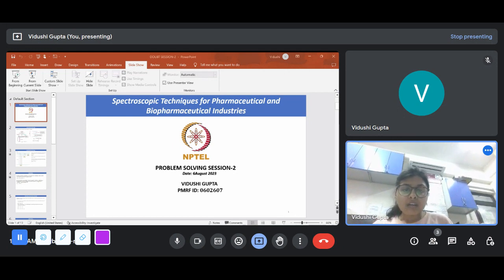Now, if we supply light, its energy should be equal to the difference in the energy levels. Then only will the transition occur. Suppose we supply light that does not correspond to the difference in the energy levels, then there will be no transition. So for a transition to occur, the light supplied should correspond to the difference in the energy levels.